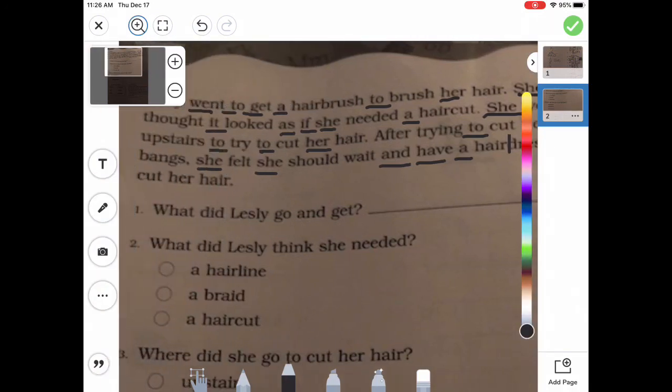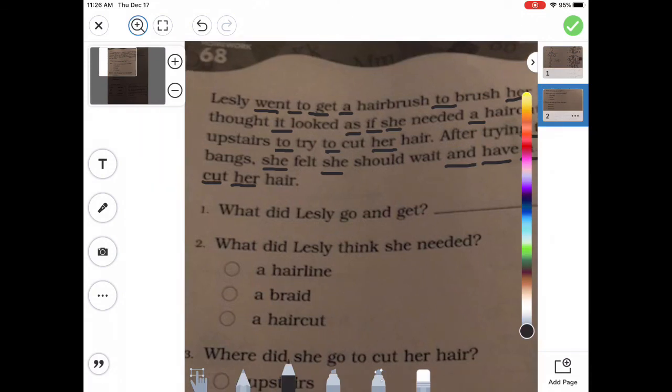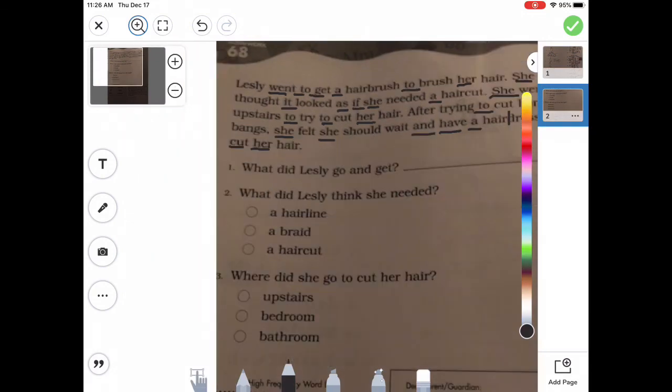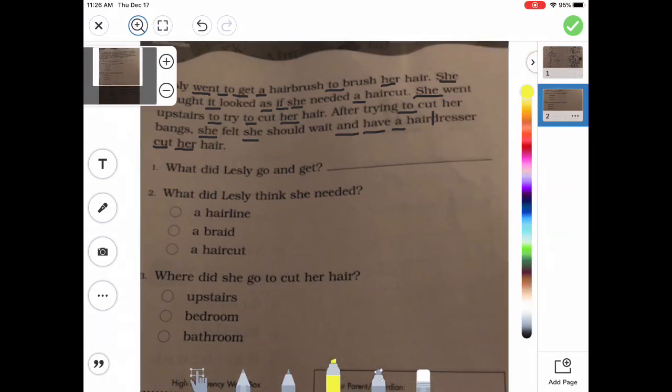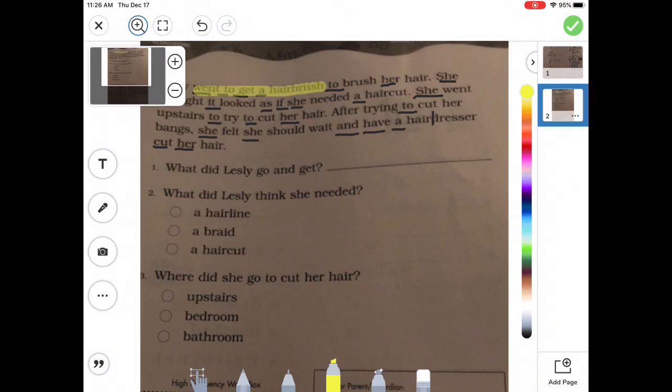hairdresser cut her hair. Okay, so what did Leslie go and get? What did she go and get? It says Leslie went to get a hairbrush. So we're going to write hairbrush. Okay, what did Leslie think she needed?